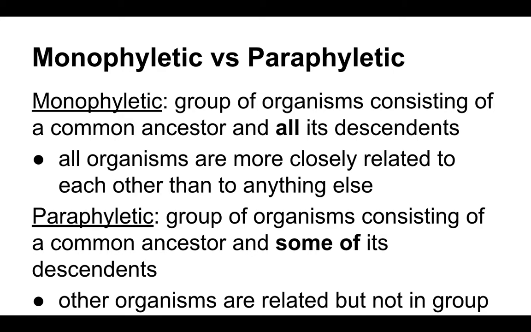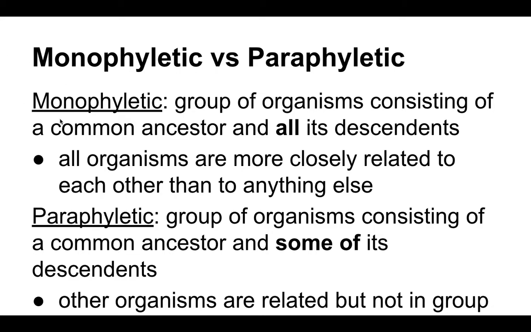So when we think of animals as a group, animals are a monophyletic group. There was an ancestor millions of years ago that was the first animal cell, and all animals are going to be closer related to all animals than they are to plants or fungus or bacteria or protists, maybe.